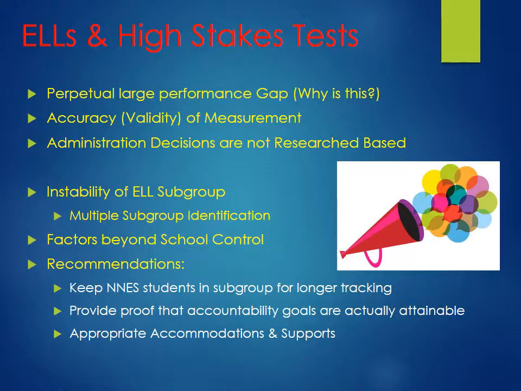So with that in mind, we need to be sure that we have evidence that the goals that we set for ourselves in accountability measures are actually attainable, okay, with accurate data. And of course, as we have been discussing throughout our course here, have we provided appropriate accommodations and supports in the higher stakes test so that our ELLs can show everything that they can do?